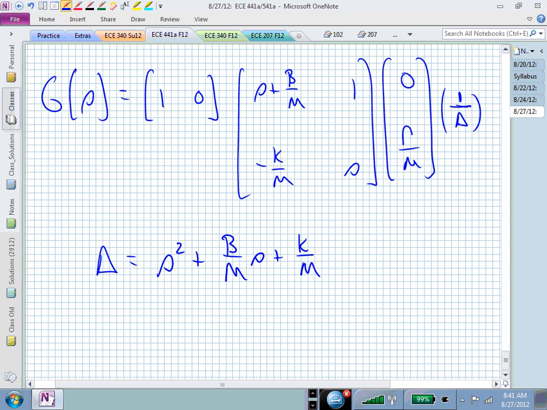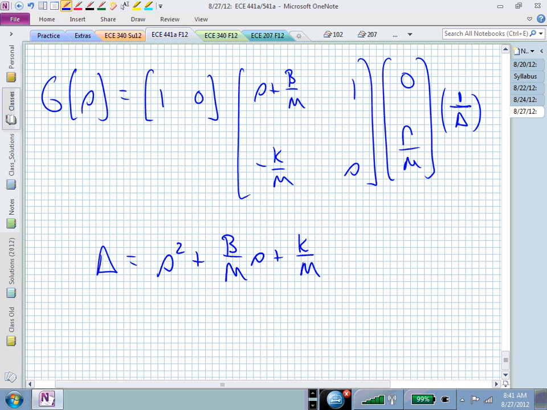You should end up with the same result. In this case, it may be easier by pre-multiplying by 1, 0. Really what that's doing is pulling off the top row of that 2 by 2 matrix. That 1, 0 is saying keep everything in the top row and annihilate everything in the bottom row. That's what that 1, 0 output matrix is doing to that 2 by 2 adjoint matrix.